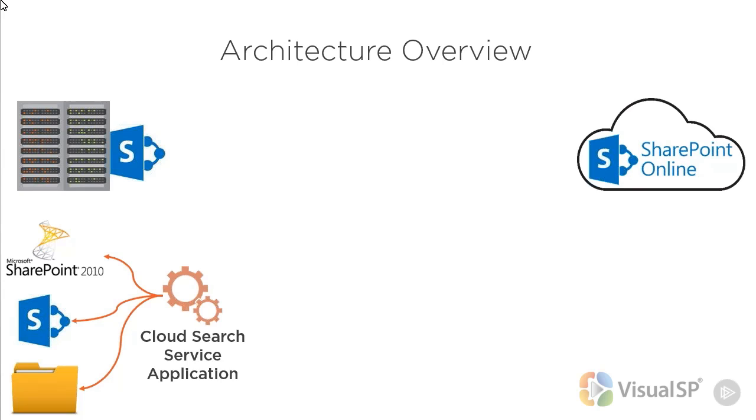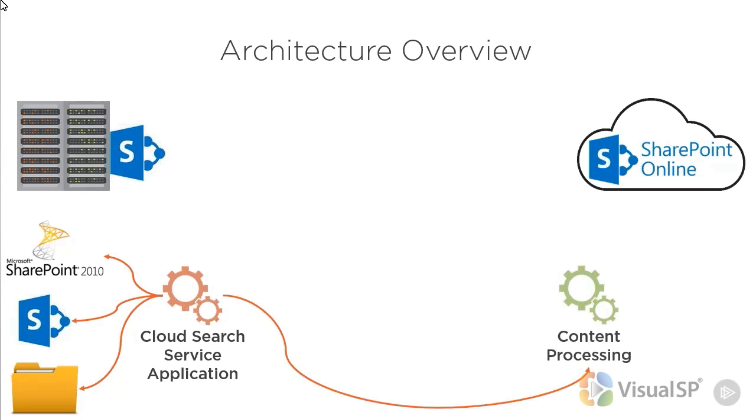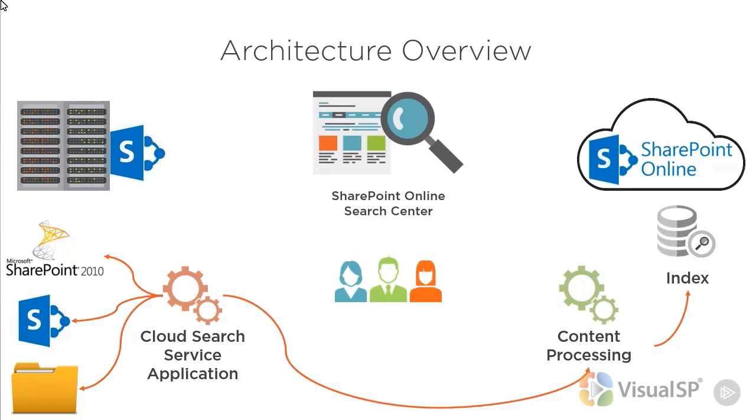And then the Cloud Search Service application on-prem, instead of parsing the content and doing all that online, will send the encrypted data to SharePoint Online, and that's where the content processing and the index will be stored. So then a user that goes to the SharePoint Online Search Center and does a query will be able to see the results from both systems.